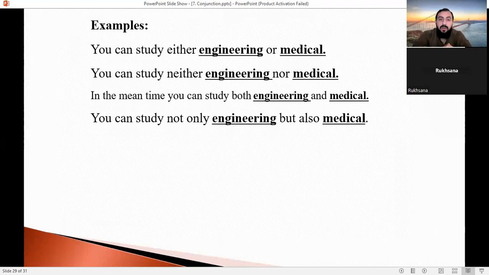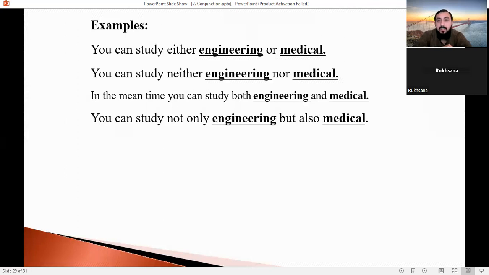You can study either engineering or medical. It means you can study one of them. You can study neither engineering nor medical. It means you can study none of them. You can study both engineering and medical. So both and means both of them. You can study not only engineering but also medical.